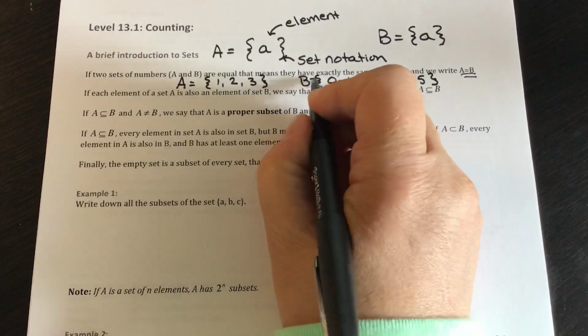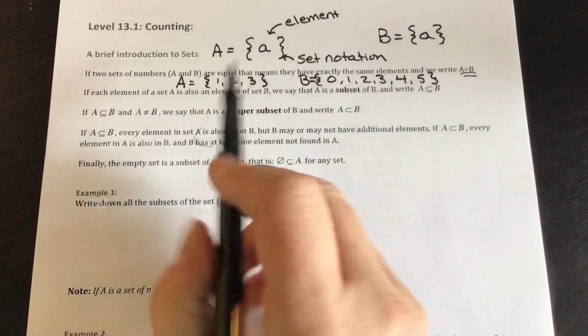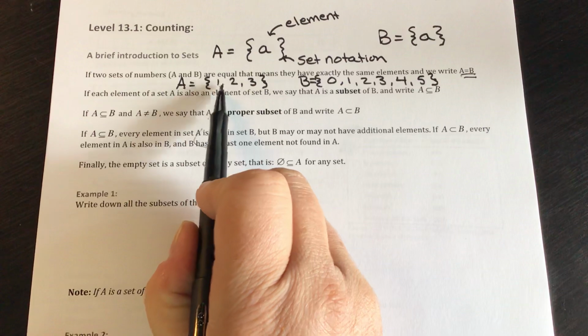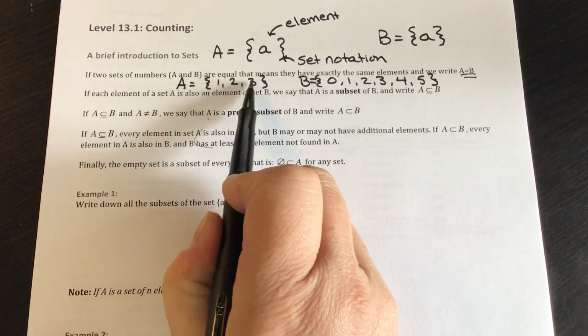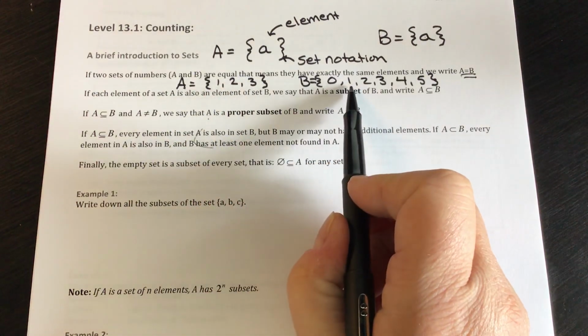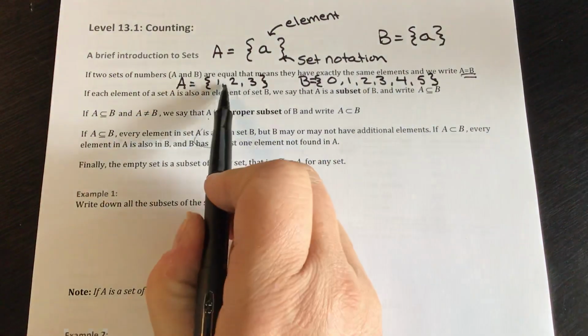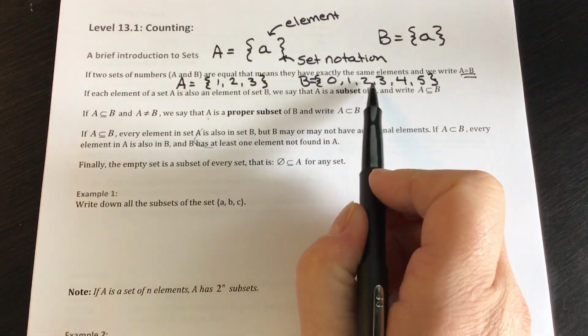If we look at this, each element of set A, 1, 2, and 3, can be found in set B. So A is a subset of B.